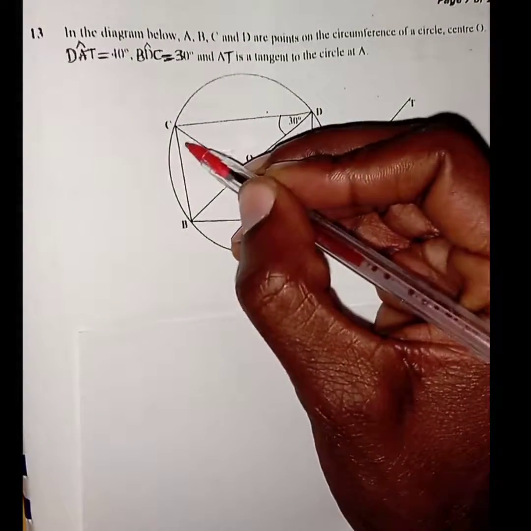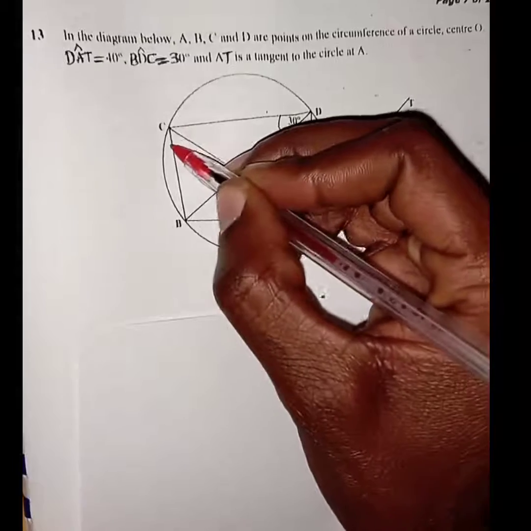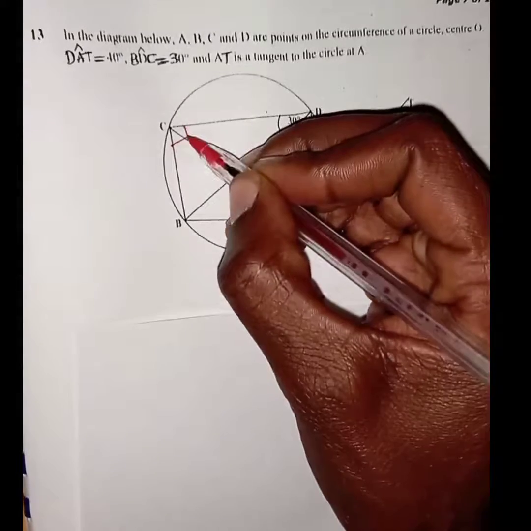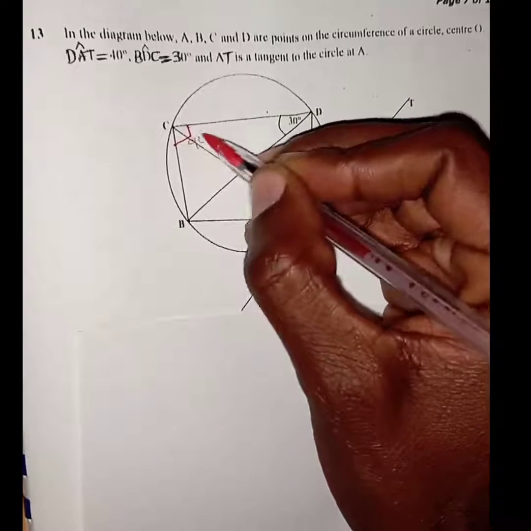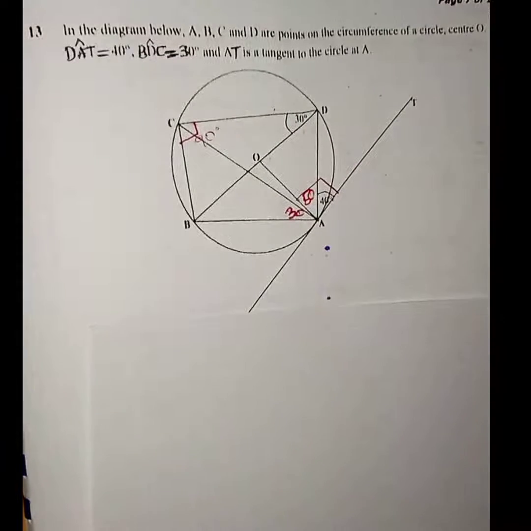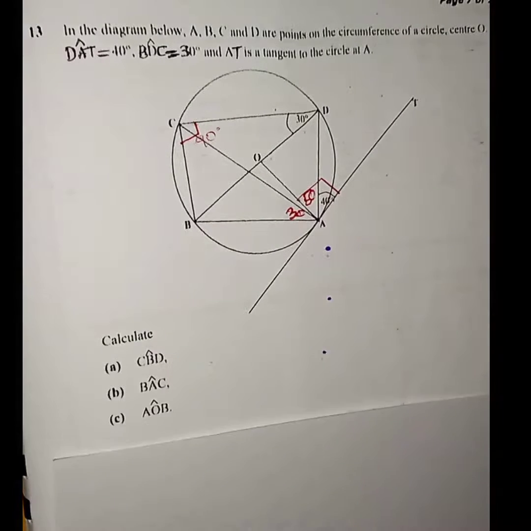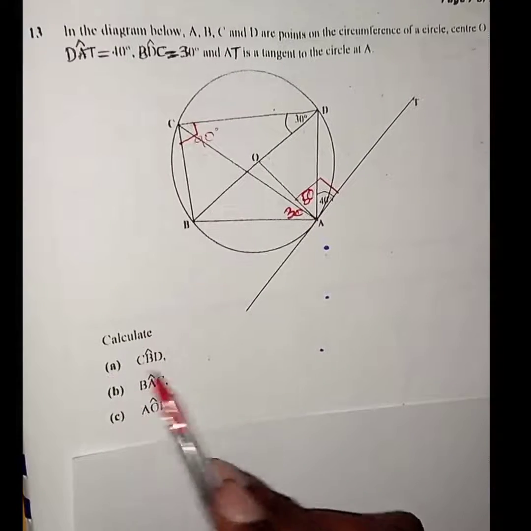So this angle from here up to there is 90 degrees. Look at that. So we have done something here. Let's read the question now. Calculate angle CBD.